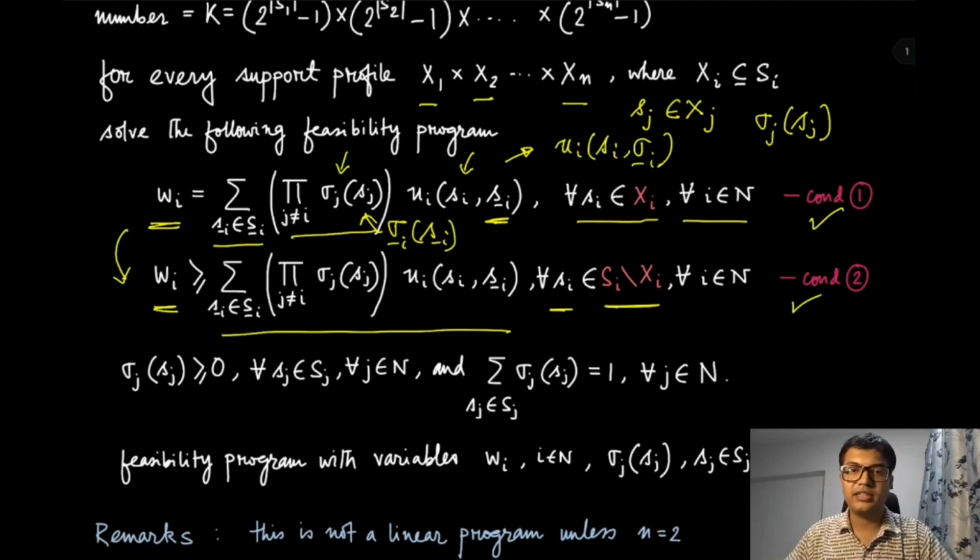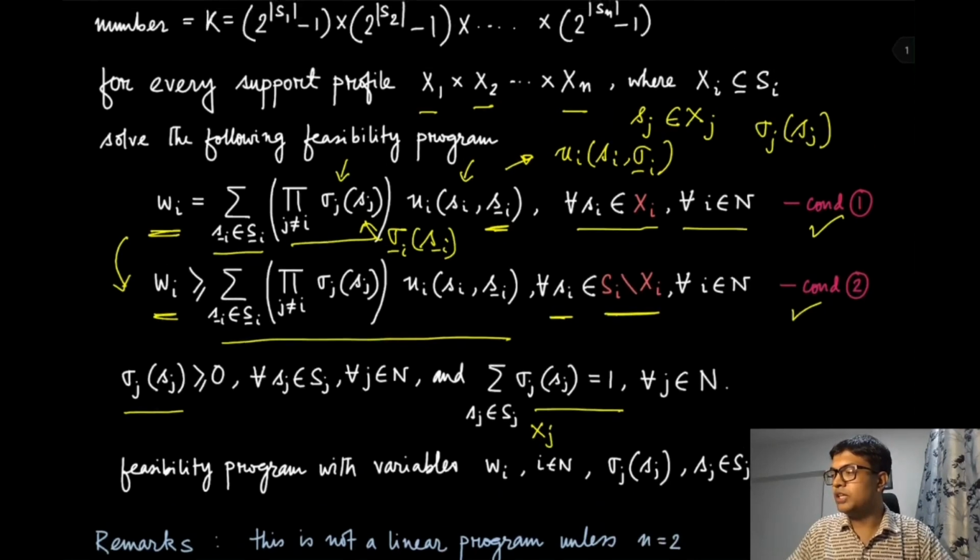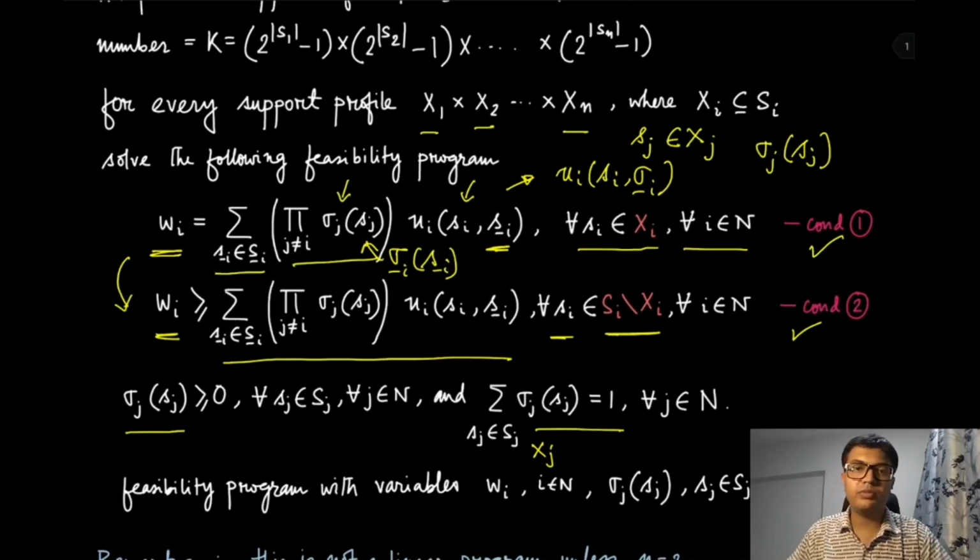The rest of the conditions are nothing but the feasibility constraints. All these sigma j of sj are probability masses, so they should be non-negative and they should sum to 1.